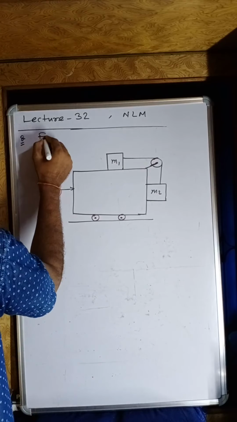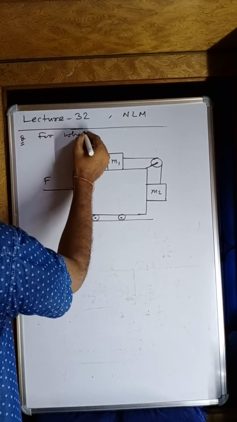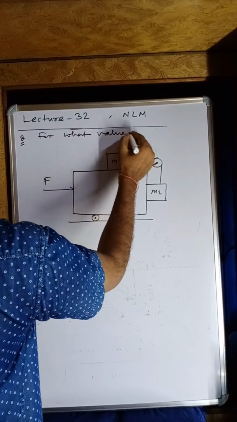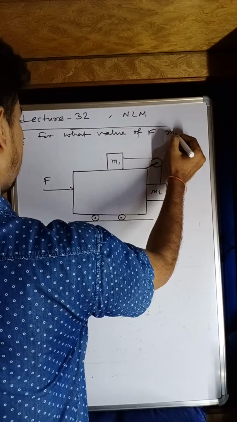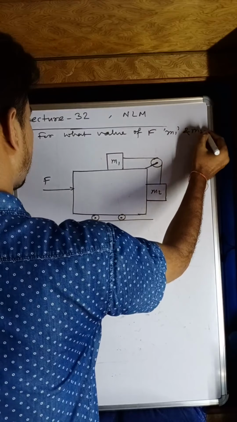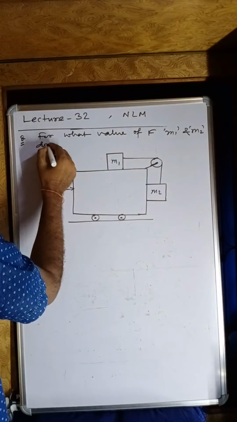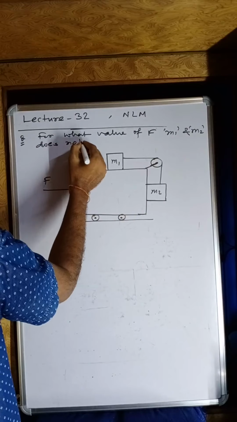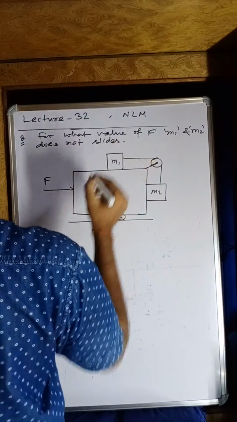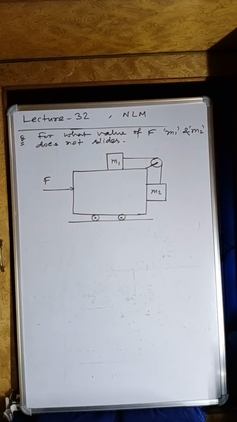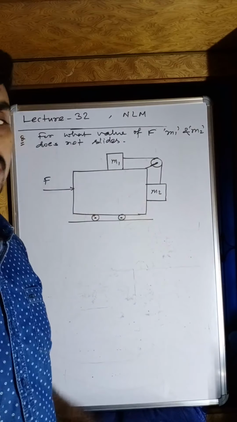For what value of F do M1 and M2 not slide? What should be the value of force so that M1, M2 do not slide?